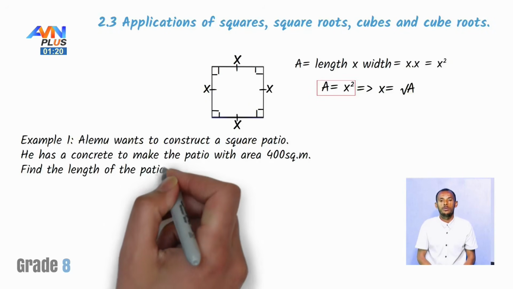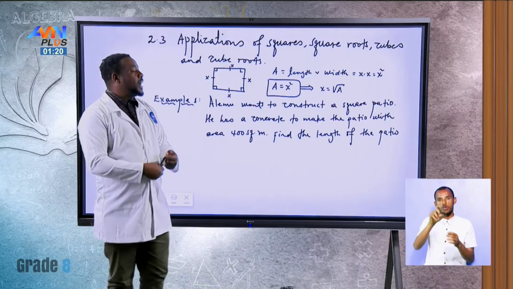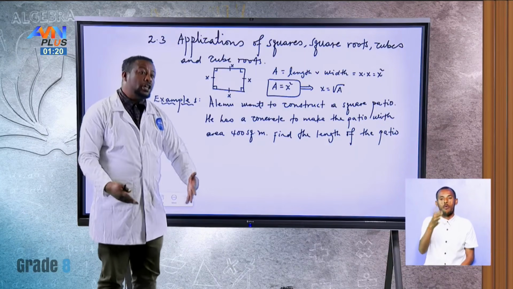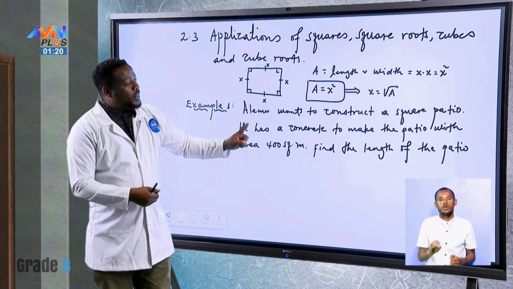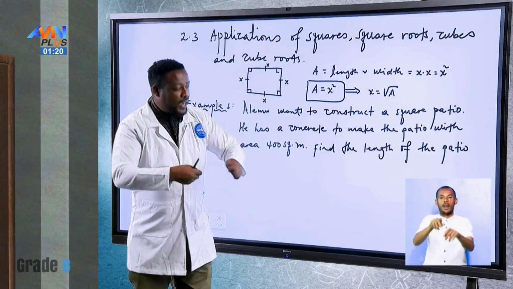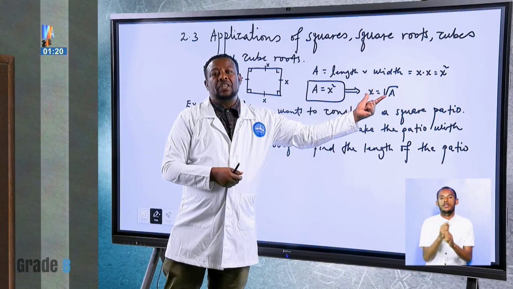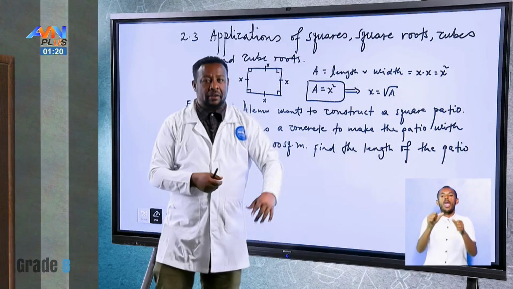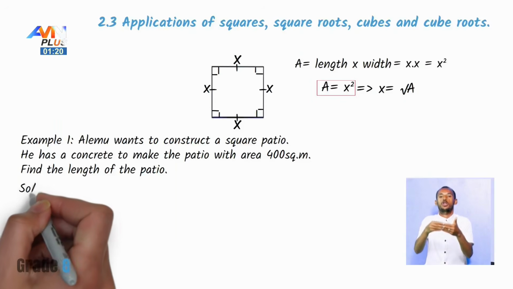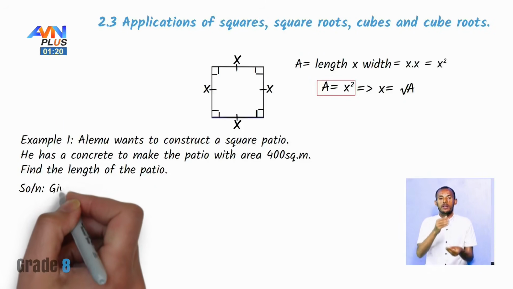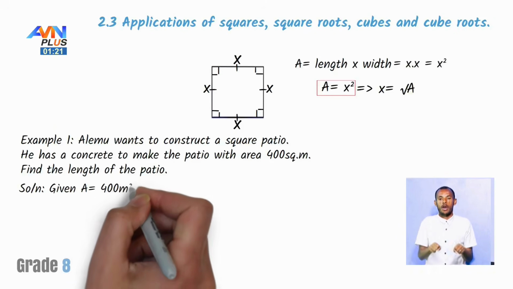Based on this information, here we are asked to find the length of the patio, or the length of the side of the patio. So to find the required length of the side of the patio, you need to apply the equation that we derived from the area formula here. Okay, so here is the procedure. Okay, what is given? It's given that the area of the square patio is 400 square meter.